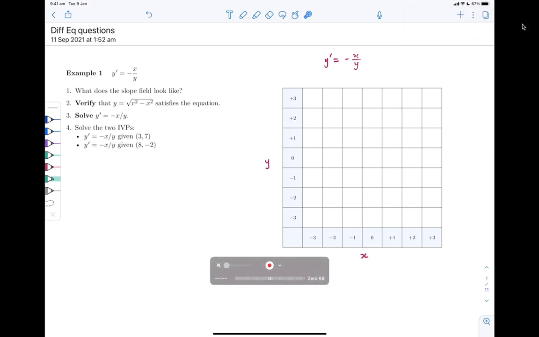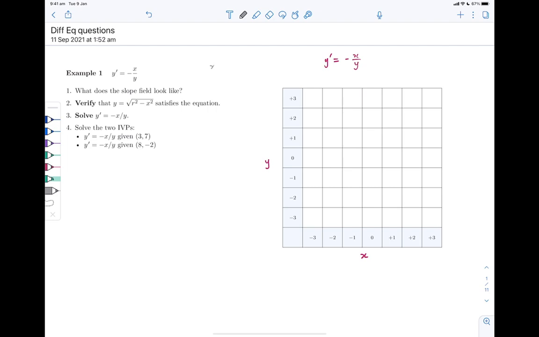Right, what I'll do, I'll start, if you like, naively, and just do a couple by raw calculation. In fact, I'll do one, and well, let's just take this one, okay?